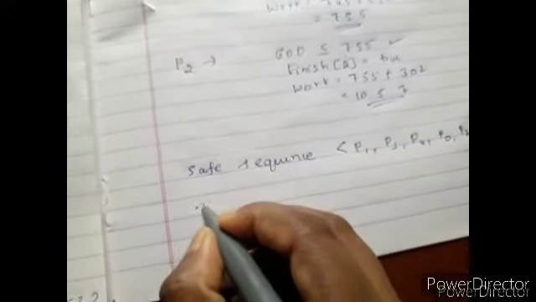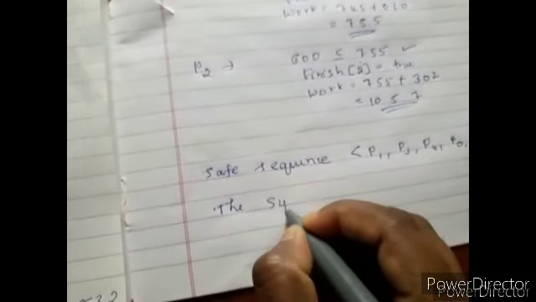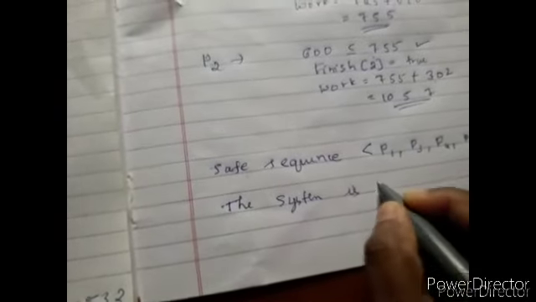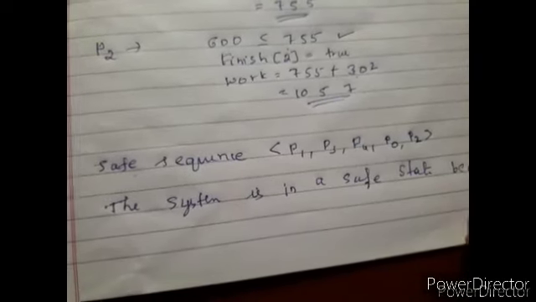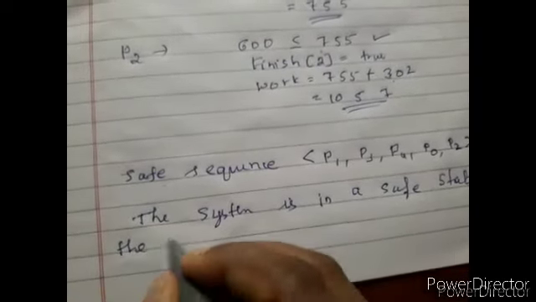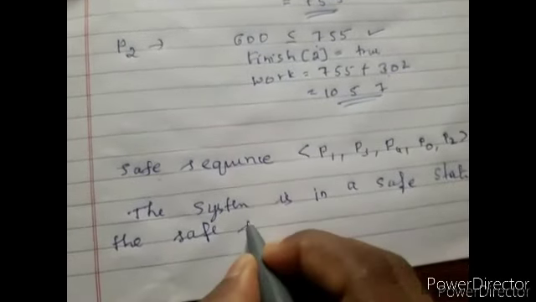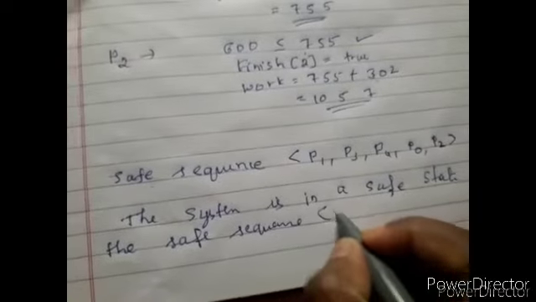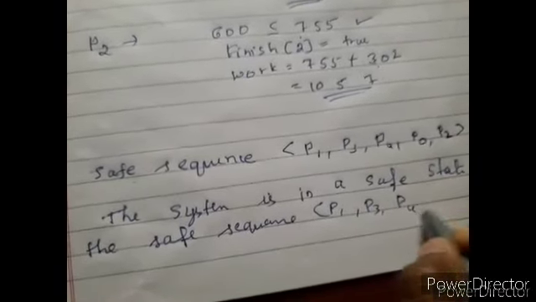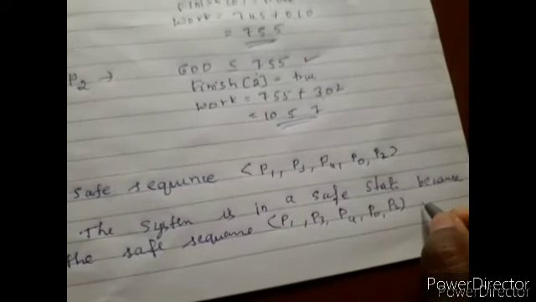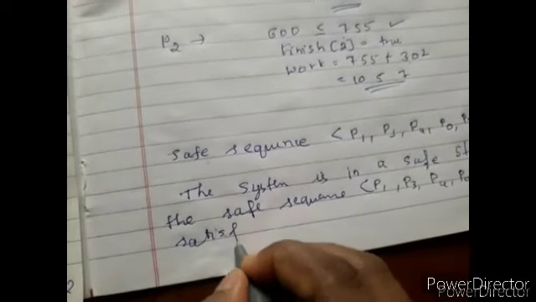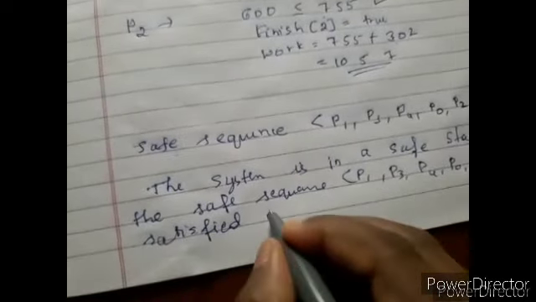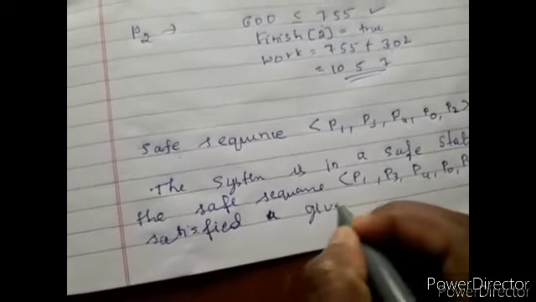Okay, the system is in a safe state because the safe sequence P1, P3, P4, P0, P2 has satisfied the given criteria.